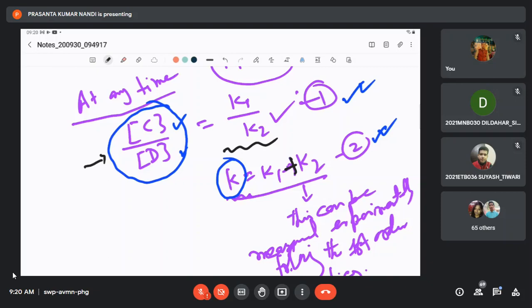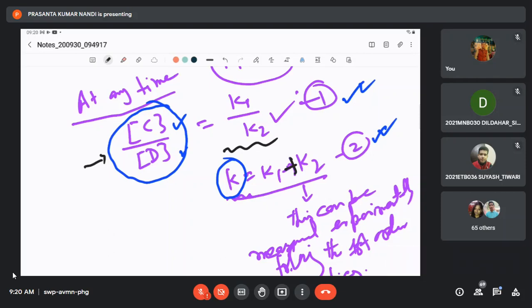Because the concentrations of C and D you can measure at any time during the progress of the reactions, and from that information you can find out the ratio, the value of K1 by K2. Even at the end of the reactions, when equilibrium is attained, as if no more changes in the product concentrations are noted.